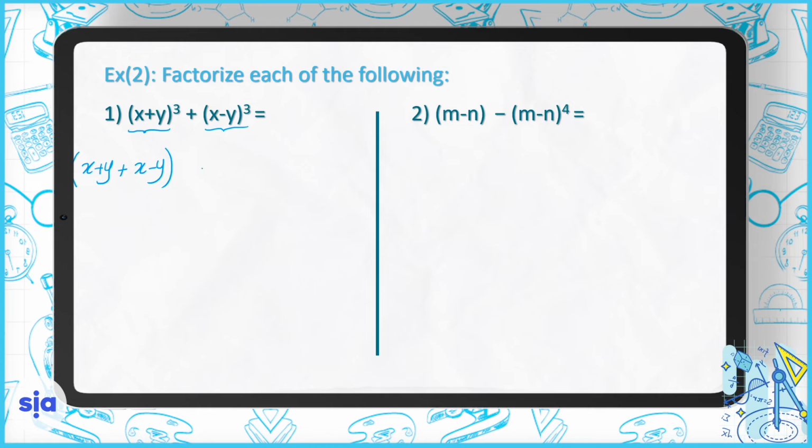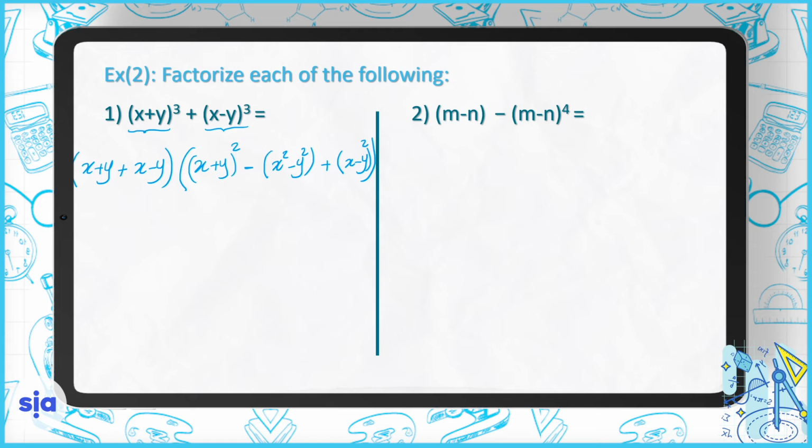Now the big bracket will be x plus y all squared. We change the sign, it will be minus. And then x plus y times x minus y, we can write it as x squared minus y squared as the difference of two squares, plus x minus y all squared.